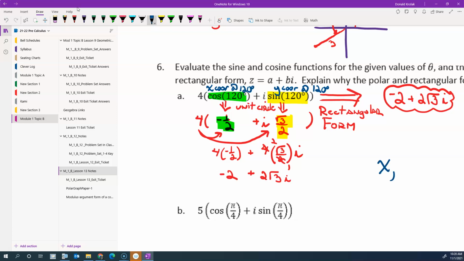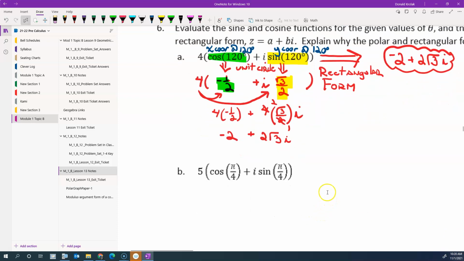So x comes before y in the alphabet, c comes before s in the alphabet. That's how I always kept them straight. X was the cosine and y was the sine, using the order of the alphabet. Okay, all right, so we got this.